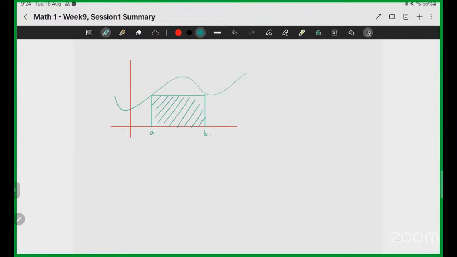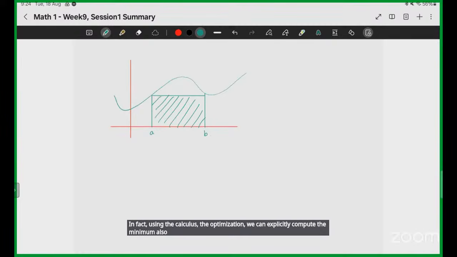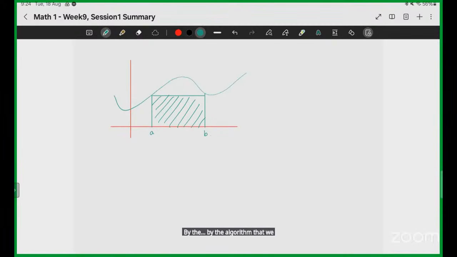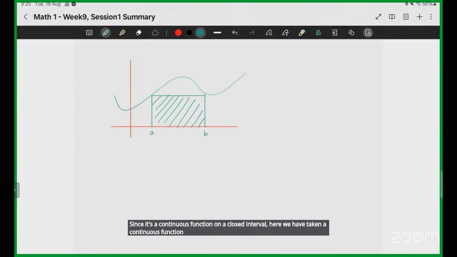In fact, using calculus, the optimization, we can explicitly compute the minimum by the algorithm that we just defined, since it's a continuous function on a closed interval. Here we have taken a continuous function. As long as it's piecewise continuous also, it's fine. But let's forget about that for now.